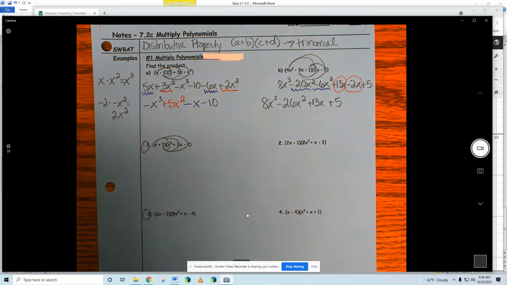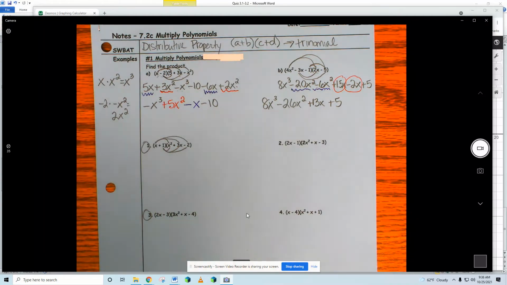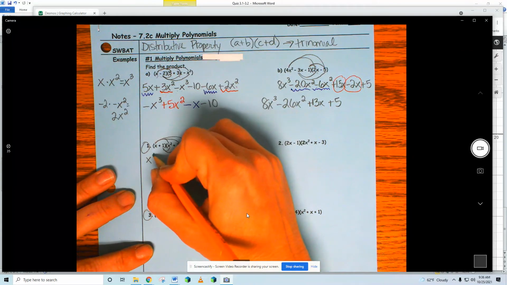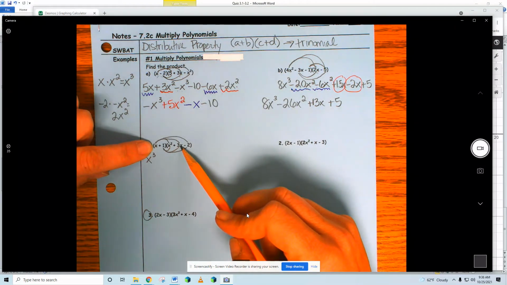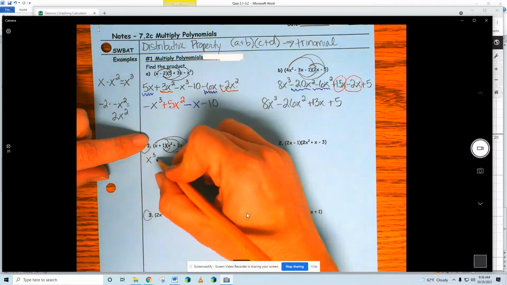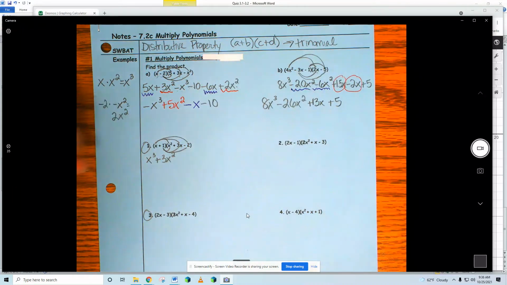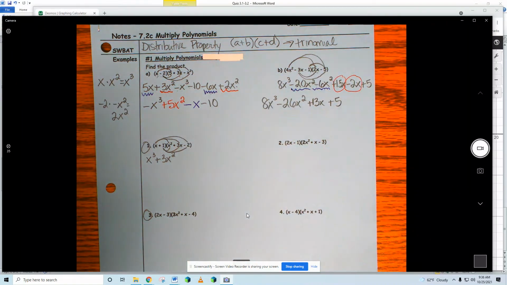Okay. X times x squared. X cubed. X times 3x. 3x squared. X times negative 2. Negative 2x.